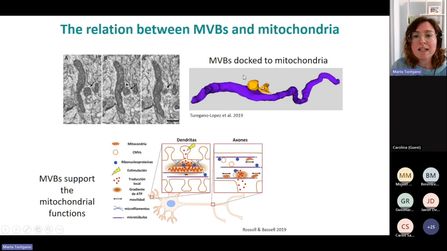This relation is not only physical but also functional, because MVBs are supporting the mitochondrial function. They are degrading molecules affected by ROS, and they act as platforms for local synthesis of proteins that the mitochondria need. So they have a function in the maintenance of the mitochondria.